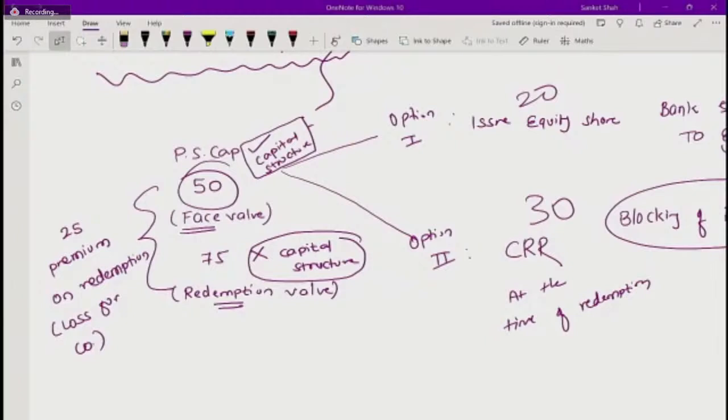So don't consider 75, consider only 50 rupees. Option number 1 is to issue equity shares. Option number 2, that creates CRR. Capital redemption reserve you have to create. It is blocking of your profits.